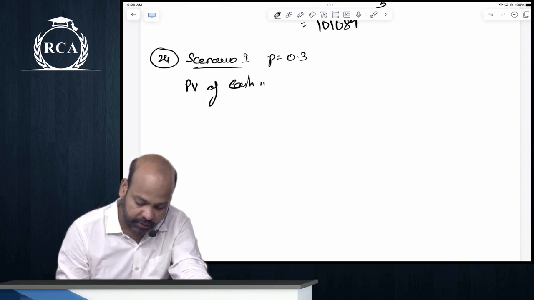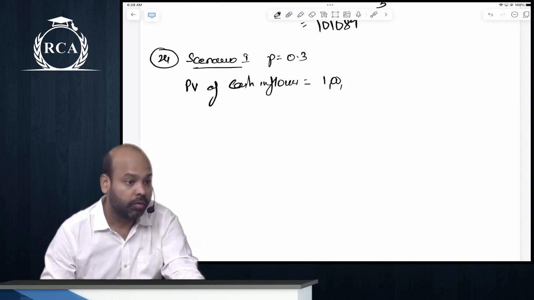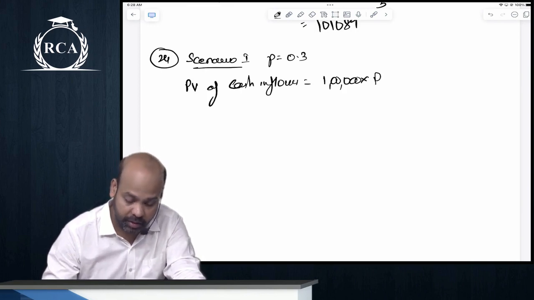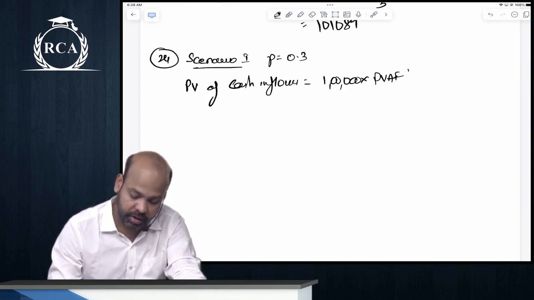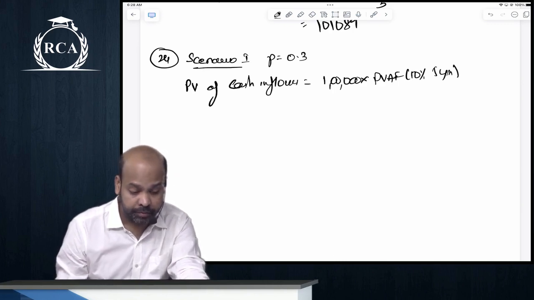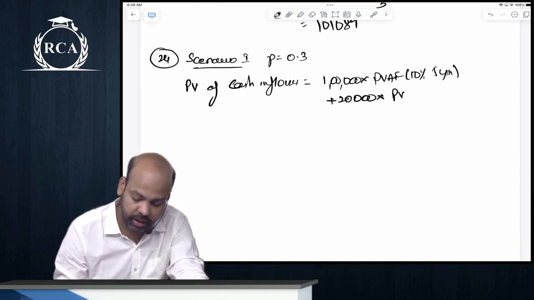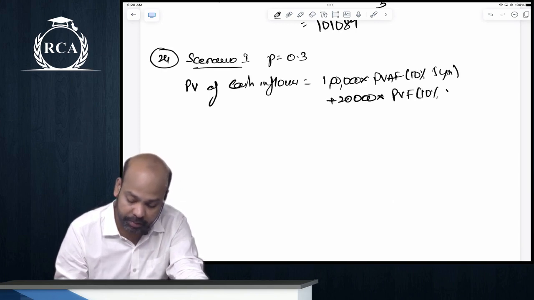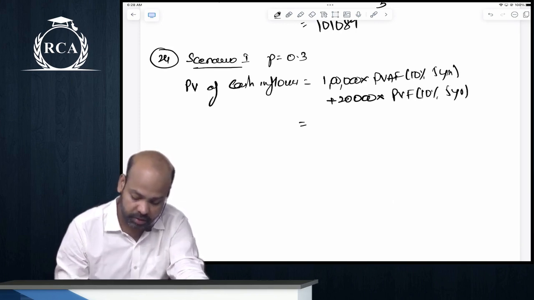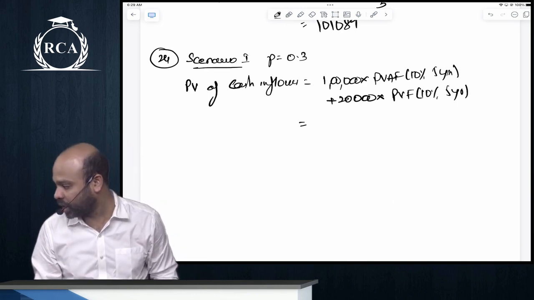The cash flows are given in the question. You will get how much every year? 1 lakh rupees every year. Discounting rate is 10%, so you multiply by the annuity factor at 10% for 5 years. And your salvage value is 20,000, so 20,000 into the present value factor at 10% for the 5th year. This will be the present value of cash inflows.